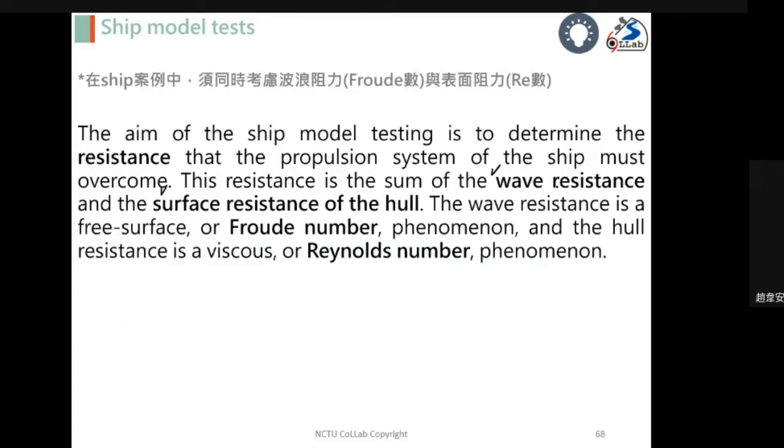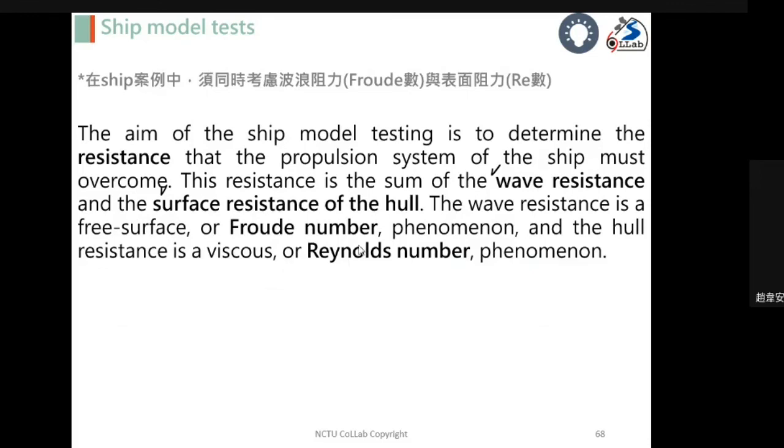The wave resistance is usually related to gravity force, and the surface resistance corresponds to the viscous effect. The wave resistance is a free surface problem with a liquid to gas interface involved in the system, so first we need to consider the Froude number. Second, the surface resistance is the viscosity effect, and then we can involve the Reynolds number.